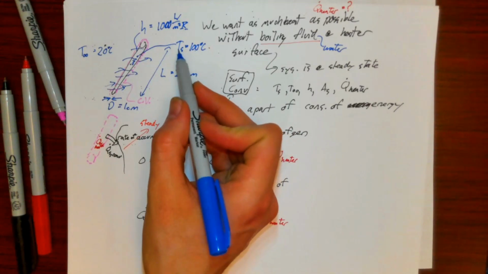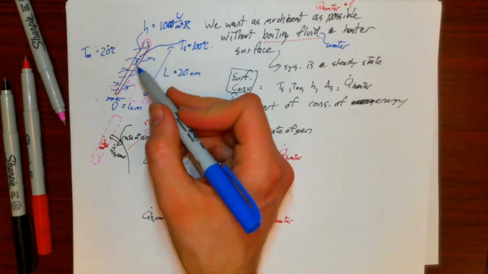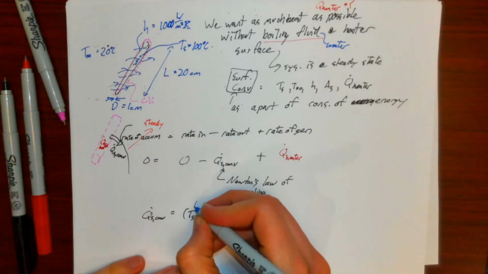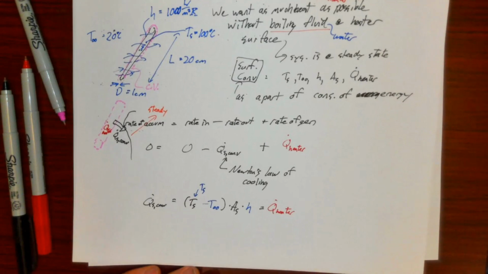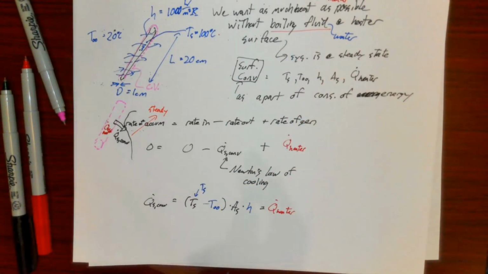So I can set Ts to be just barely at the boiling point of water, so the water doesn't actually boil. What does this mean? I can now treat Ts as a known, right at the boiling point of water.